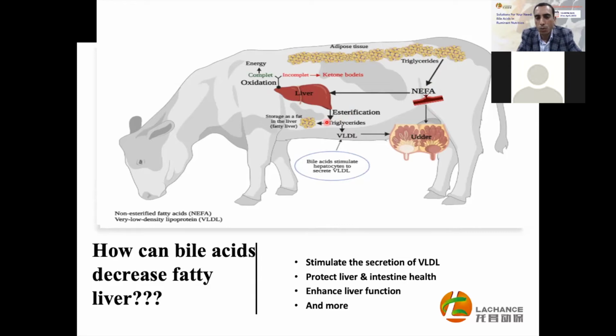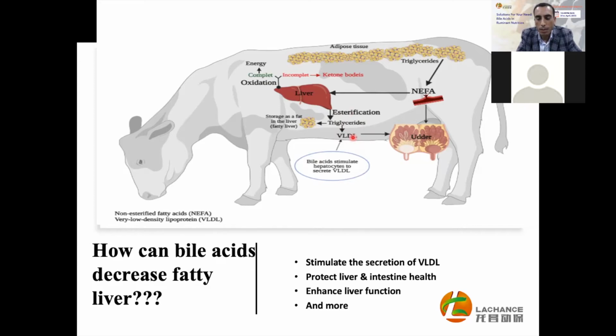And the second option is to convert it to very low density lipoprotein, VLDL. VLDL is secreted in the milk. So how can triglyceride be converted to very low density lipoprotein? There are many compounds and products that can assist in converting triglyceride to very low density lipoprotein.